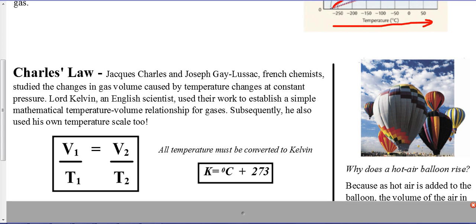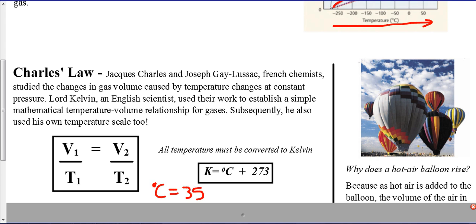So for example, I'll just do a quick little example. If I give you degrees Celsius is 35, well, then I just plug this in and add 273 to 35. So therefore 35 degrees Celsius is equal to 308 Kelvin.